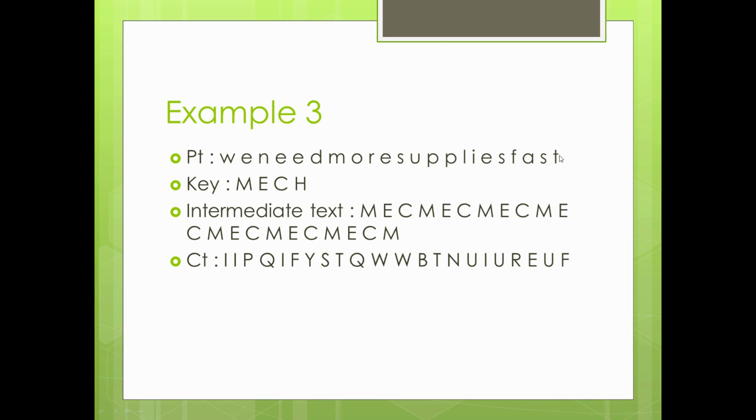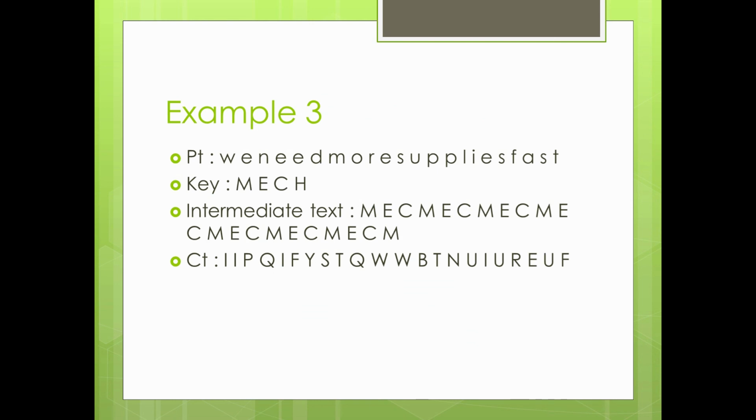For the last element also, the last element of the plain text string is T, and the last element of the intermediate text is M. So T and M. So T lies here, and find where M lies in the column portions. So M lies, I think, here.